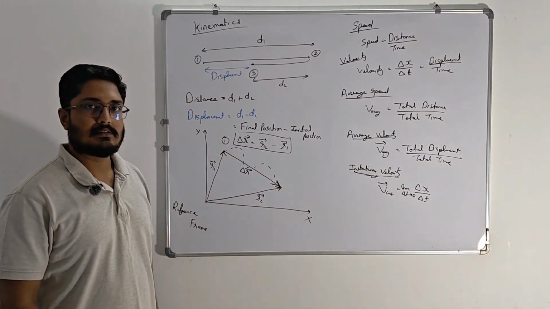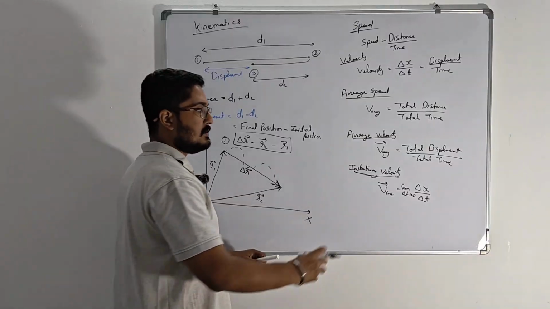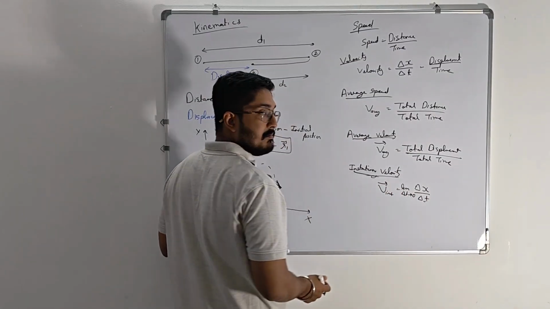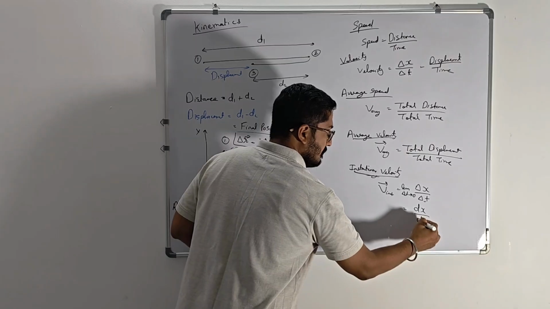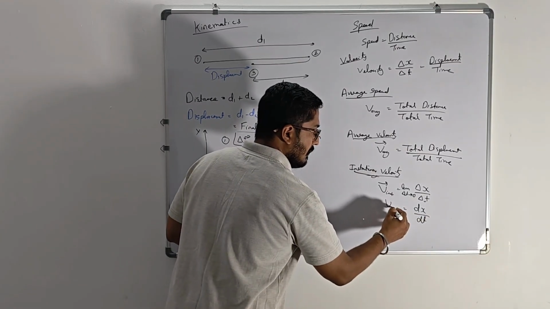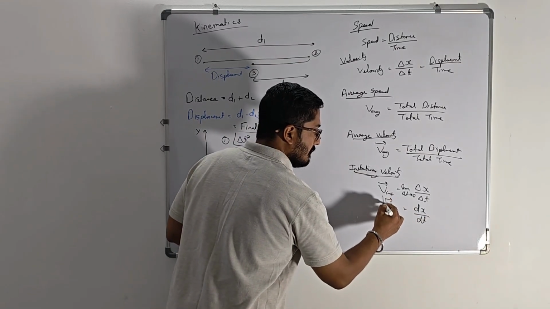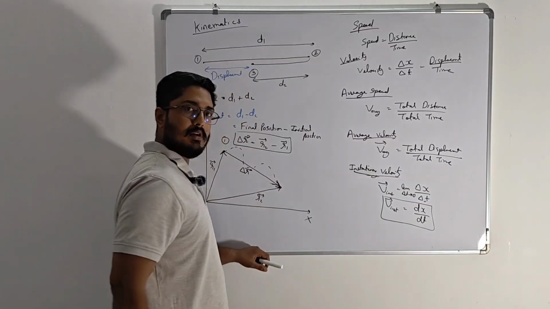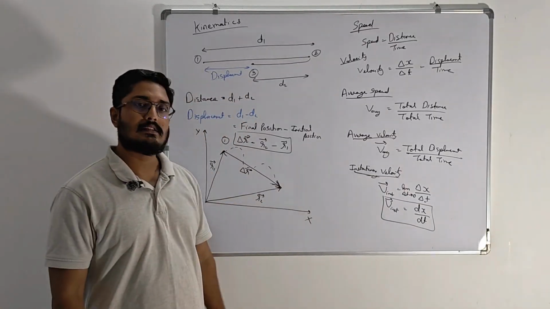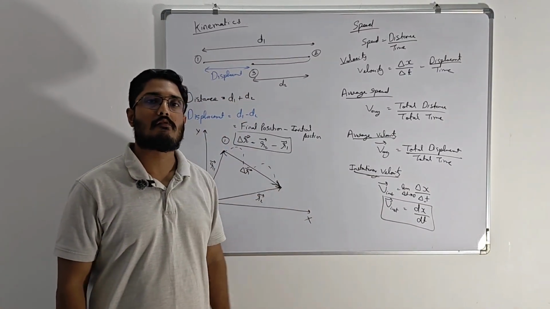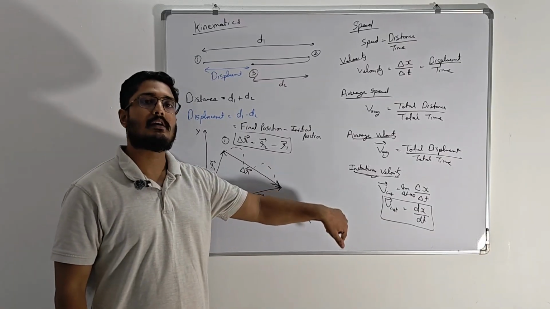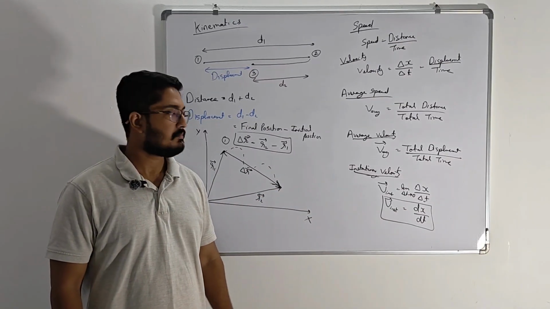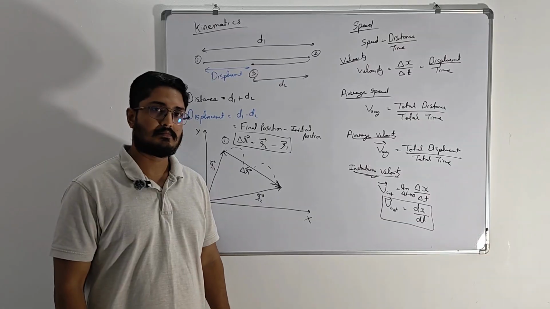And in mathematics, this entire thing can be represented by a function as dx by dt. I'm hoping that most of you are aware of the basic concept of calculus. So this is nothing but the differentiation of x with respect to time. That means it is the rate of change of x with respect to t. That is instantaneous velocity.